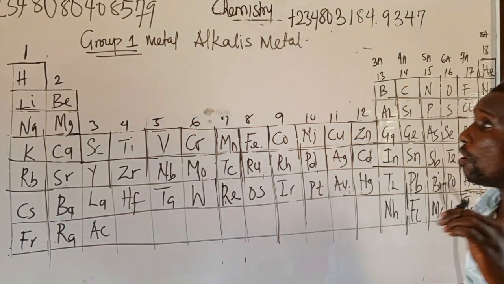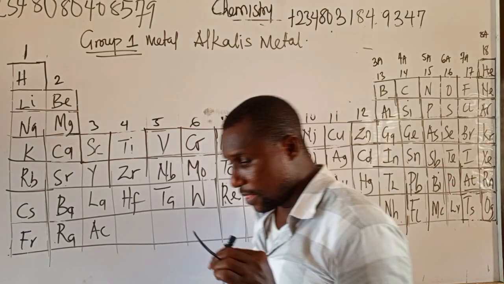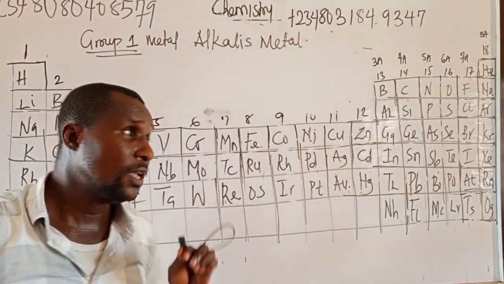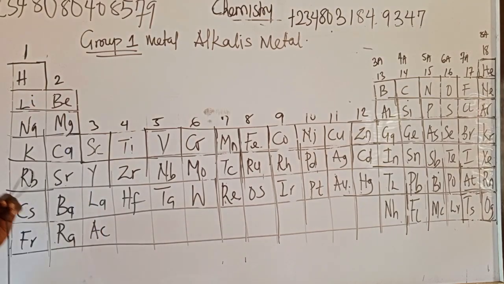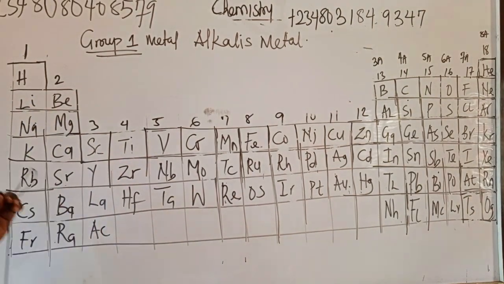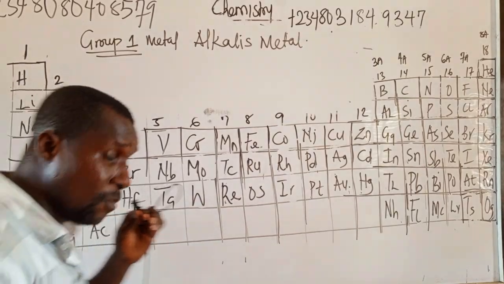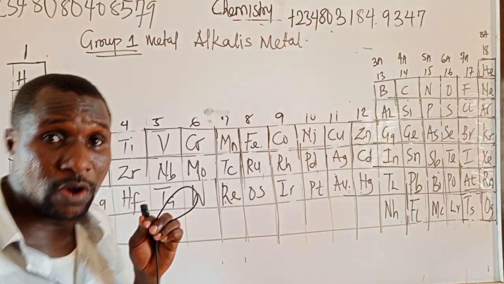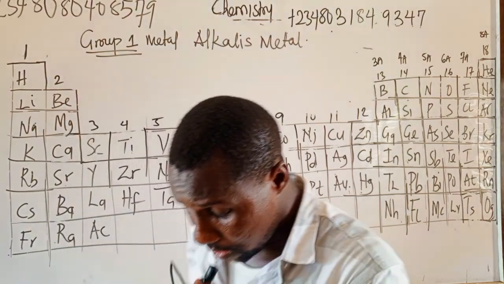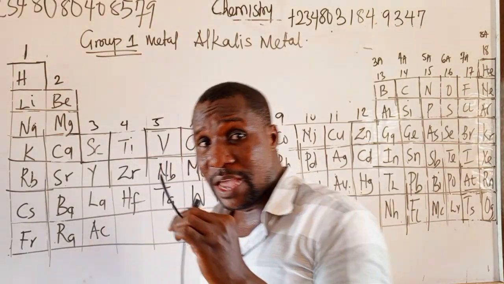Group 1 metals are called alkali metals. They are soluble in water to form strong bases. Lithium attacks water steadily, sodium attacks water vigorously, and potassium attacks water violently. When they react with water, they liberate hydrogen gas. They are soluble in water to form strong bases.